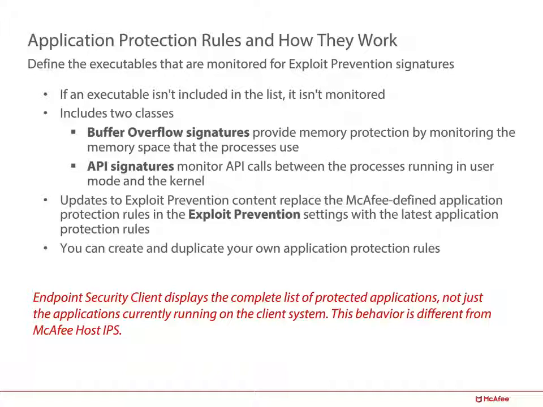The Endpoint Security Client now displays a complete list of protected applications, not just the applications that are currently running on the client system. This behavior is different from the McAfee Host IPS, because with the McAfee Host IPS, when you would go in and unlock the console, you could see only the applications that were currently running and that would be protected at that time. You would not see the whole list.